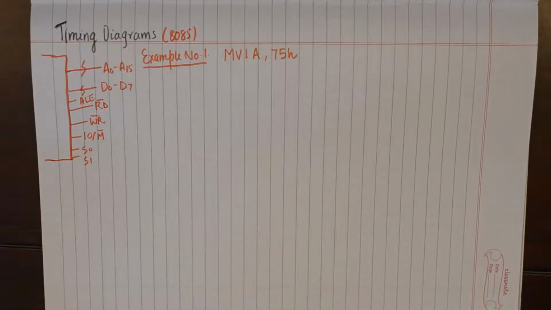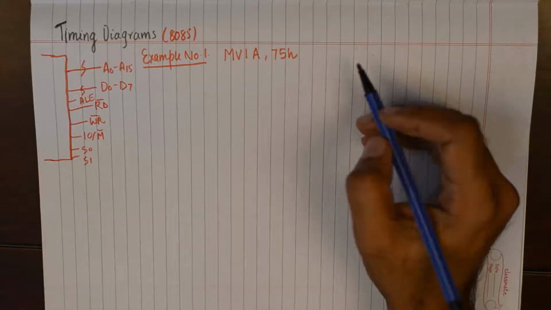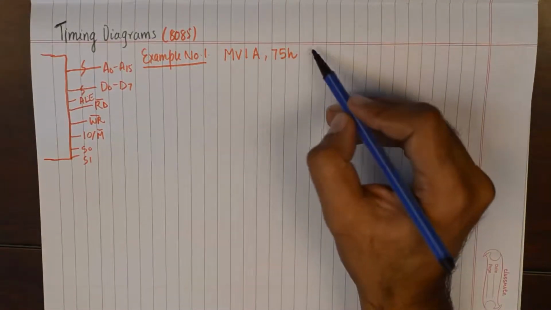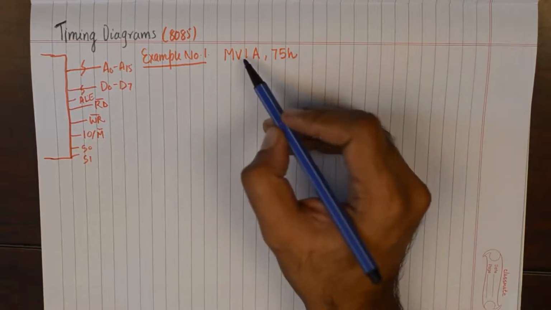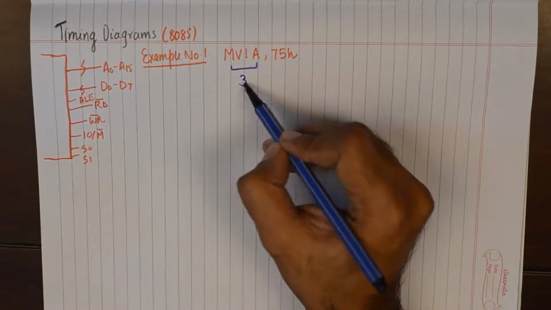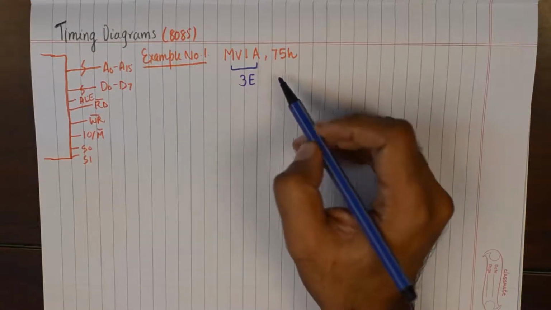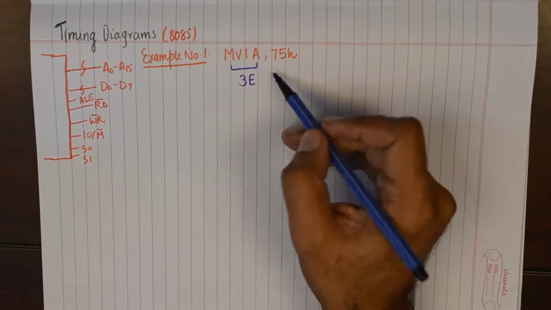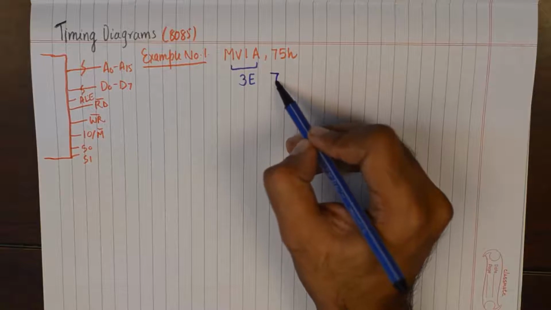Now let this instruction be placed in the memory location 2000. We know that this instruction is a 2-byte instruction. The opcode for this instruction is 3E and the second byte is of course 75.